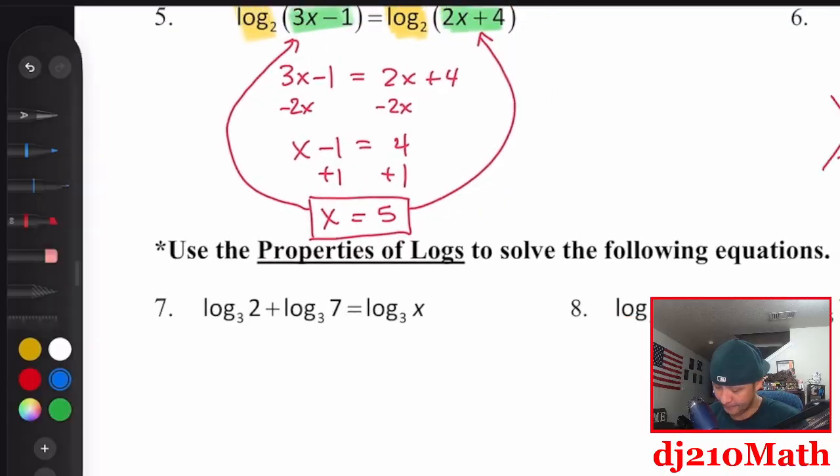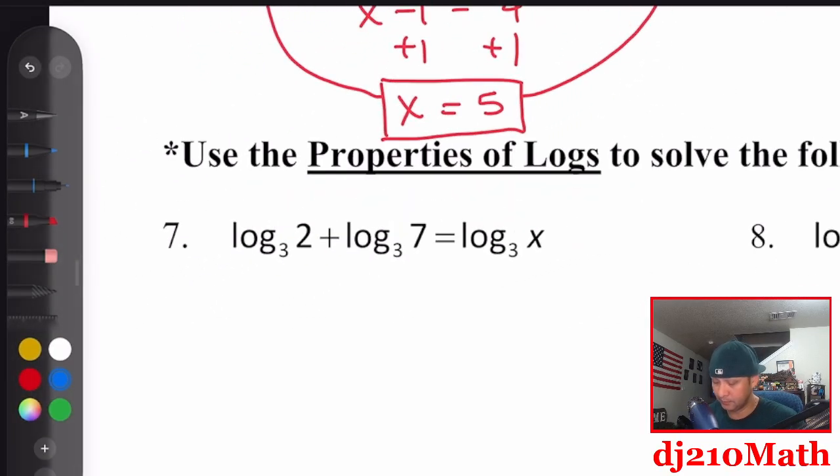Okay. Properties of logs. Same idea, except now we have a lot of logs everywhere. So we're going to have to condense them down. When we condense them down into one log on each side, then we cancel the logs out basically. So here on the left, it's a plus sign. That means I have to multiply 2 and 7, right? Because it's a plus, I multiply.